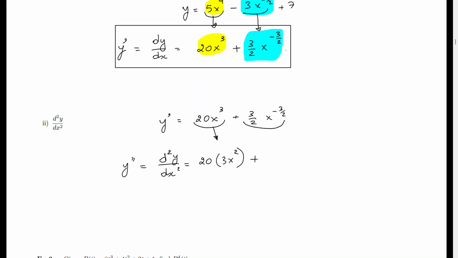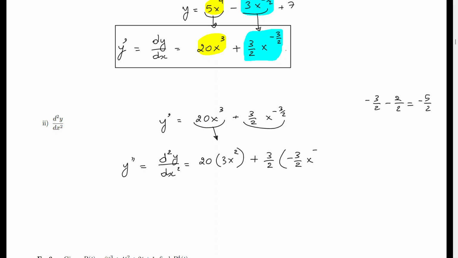Next, I need to find the derivative of 3/2 with x to the -3/2. The 3/2 is just going to hang out, and for the derivative of x to the -3/2, we bring the power down, then we subtract 1 from the existing power. By the way, -3/2 minus 1, that's the same thing as subtracting 2 over 2. The total is -5/2.